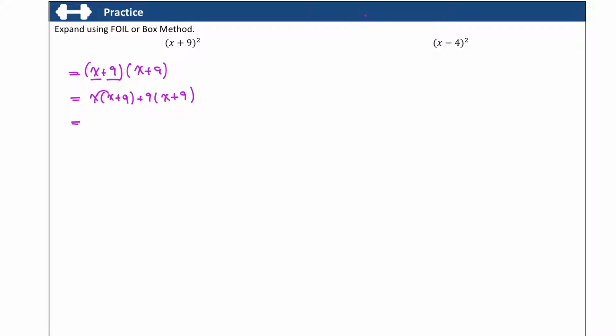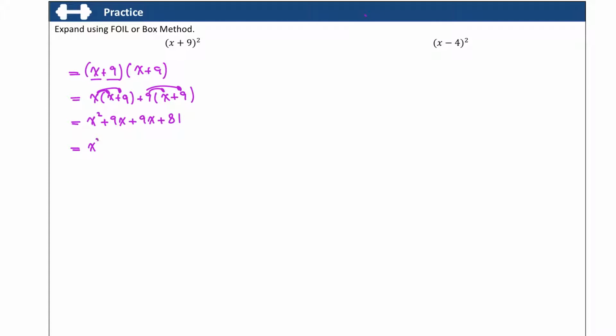And then you have to expand or distribute, and x times x is x squared, x times 9 is 9x, 9 times x is 9x, and 9 times 9 is 81. And if you notice, I'm pretty much using the box method here. I'm multiplying x by x, and then x by 9, and then 9 by x, and 9 by 9. So it's the exact same thing, just written differently.